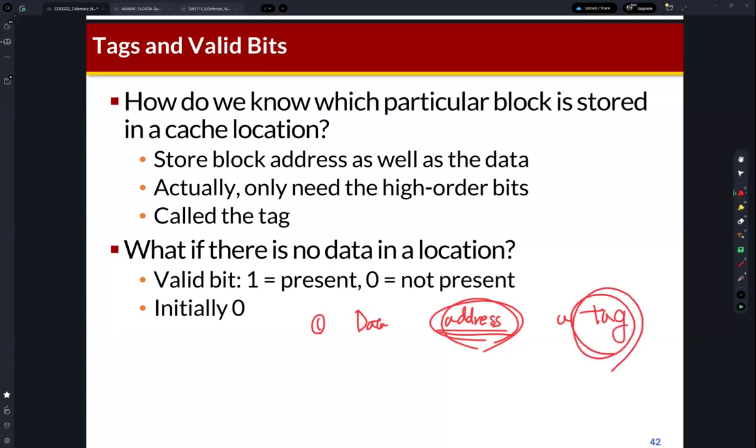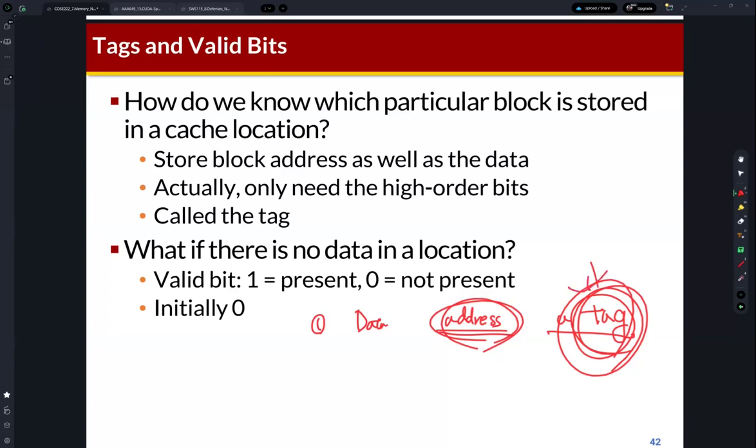Which means when data is allocated in a cache, we also store the data and a tag, which is part of the address for the direct mapped cache. Okay, do you understand? Why do we need a tag?